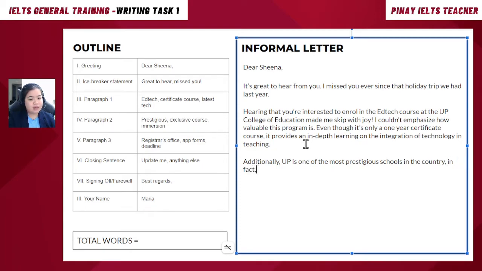In fact, the only university that exclusively offers EdTech course. Right? Because I'm following what I wrote in my outline, that it's prestigious and it's the only one offering the course among other universities.